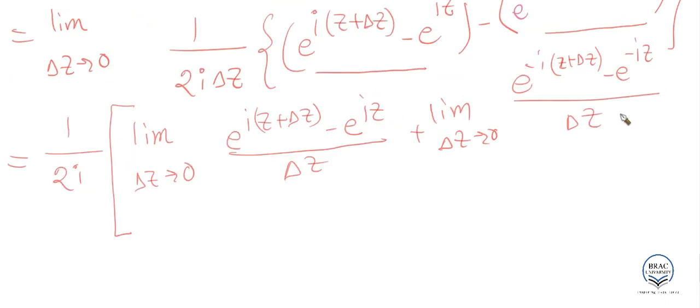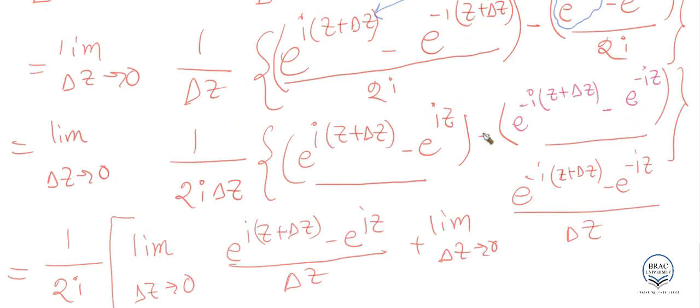So from here you can easily write, using the results from previous discussion, that this is nothing but e to the power iz, but there will be what? An i in front, right? And here in this case, oops, I have given a plus sign over here, there should be a minus sign, my mistake.